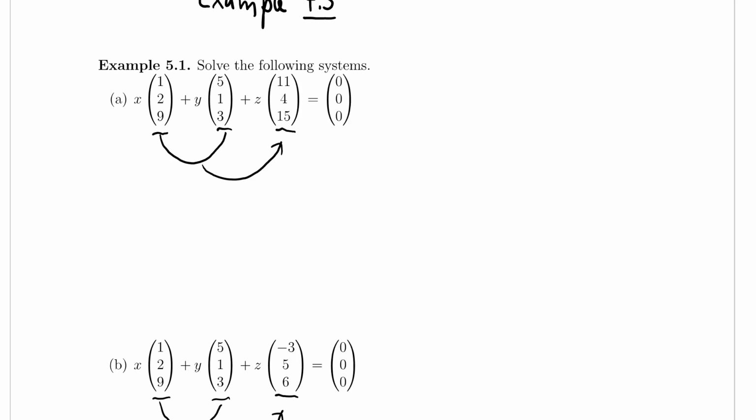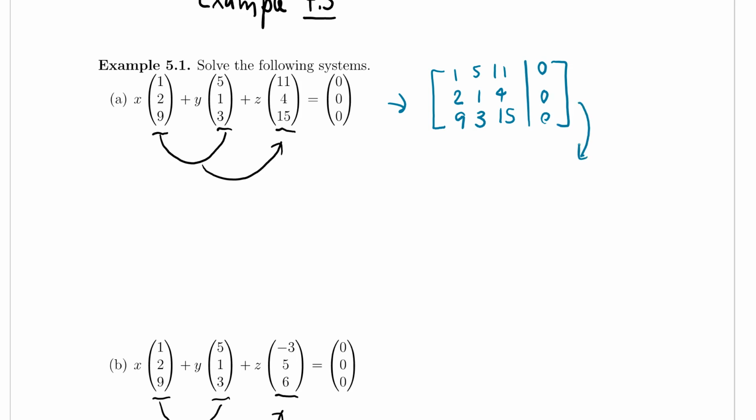Let me just do what we usually do. I'm going to rewrite this as the augmented matrix, collecting the variables and the constants. That's going to be 1, 2, 9, and then 5, 1, 3, and then 11, 4, 15. My right hand side is going to be 0, 0, 0.